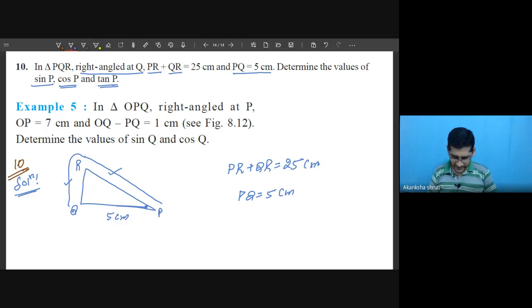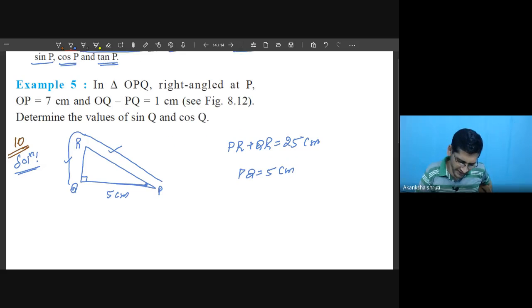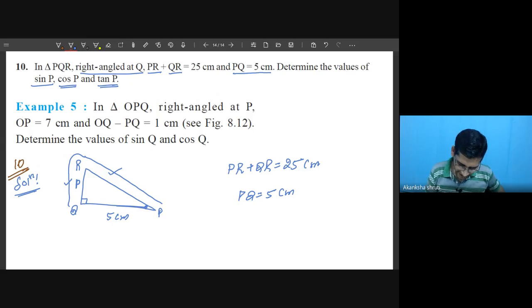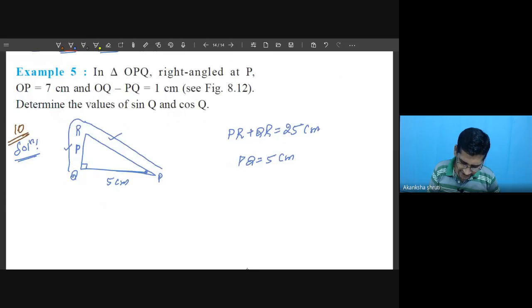Since it is a right angle triangle, we have to apply the Pythagoras theorem. If I take QR as perpendicular P, then the hypotenuse will be 25 minus P, because this sum is given.